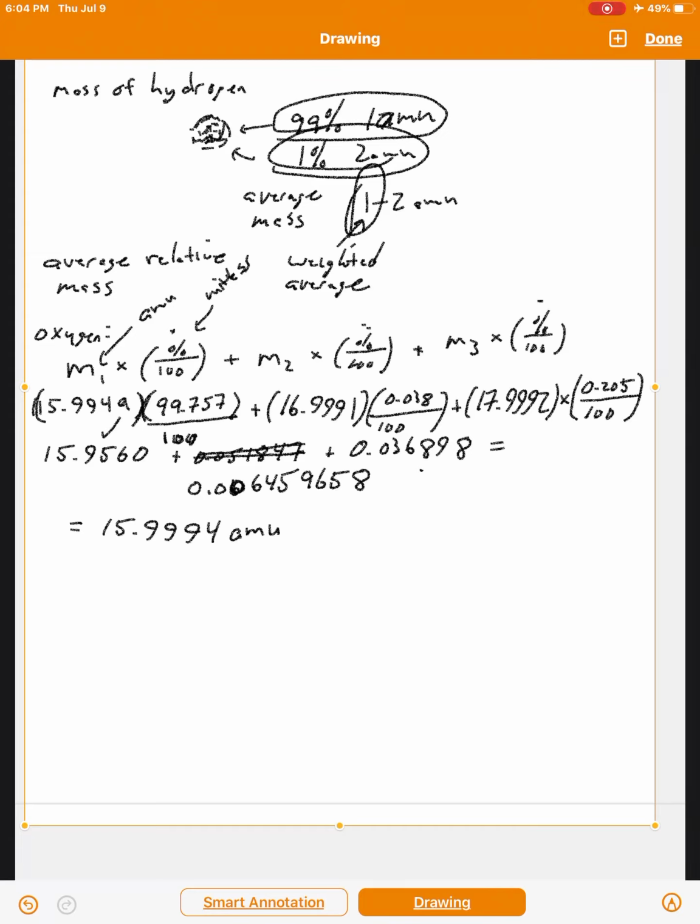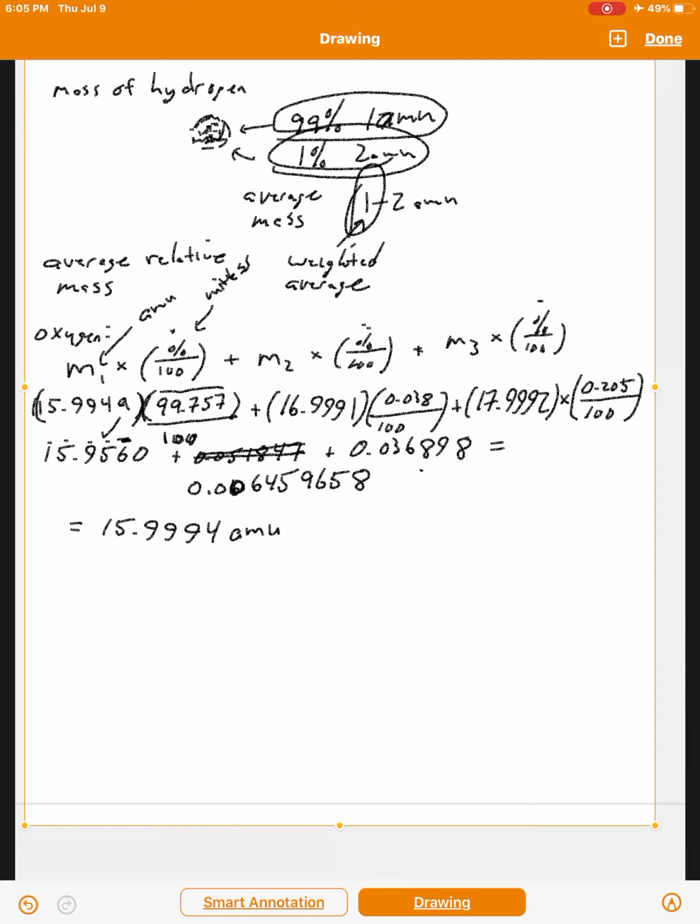The rule of multiplication division is the number that has the smaller number of sig figs, your answer should have that many. So since there's only 5 here, we should go out 5 for our answer. So 1, 2, 3, 4, 5. So I'm going to put a line, it's called a bar. We put a bar over the last digit that's significant. Anything after that is not considered significant.